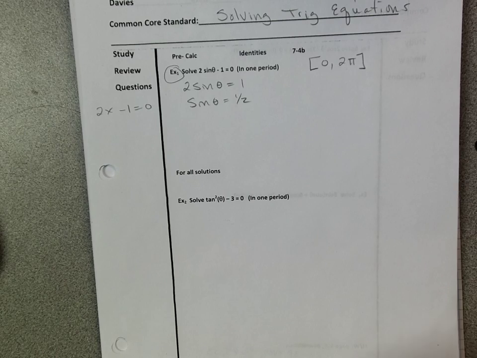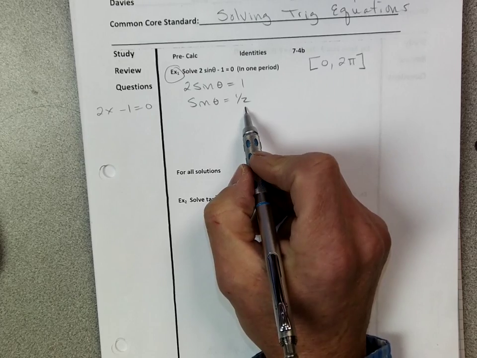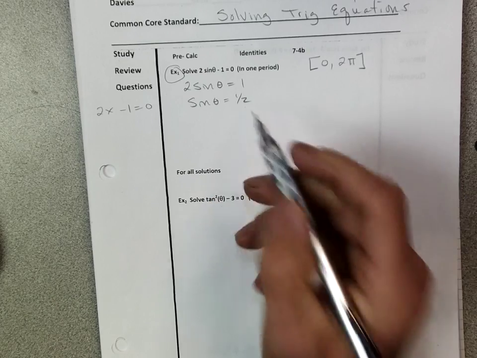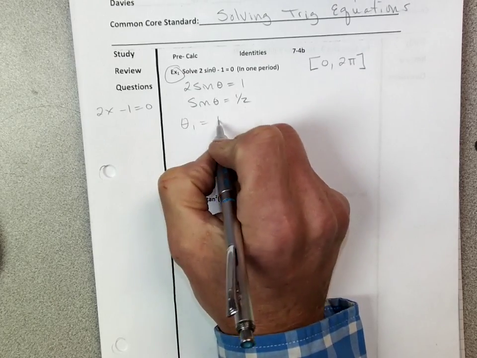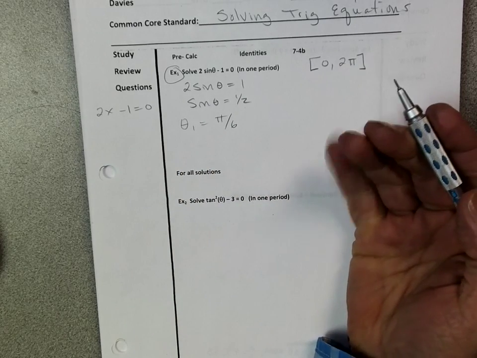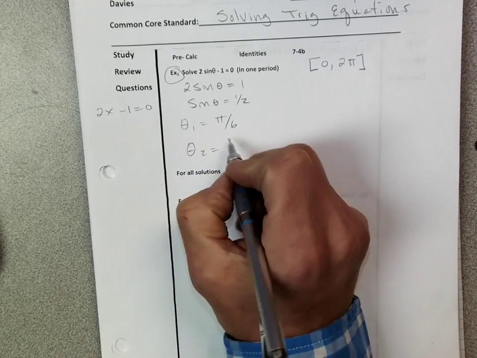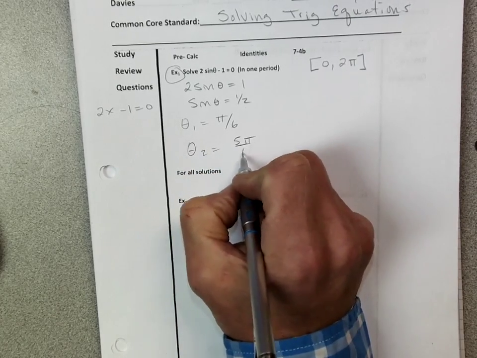Let's use the unit circle in radians, not degrees. So 1/2 for the sine value is at pi/6. We agree? So theta 1 is pi/6, and there's another answer. There are 2 of them. The other one is at 5 pi/6. So theta 2 is 5 pi/6.